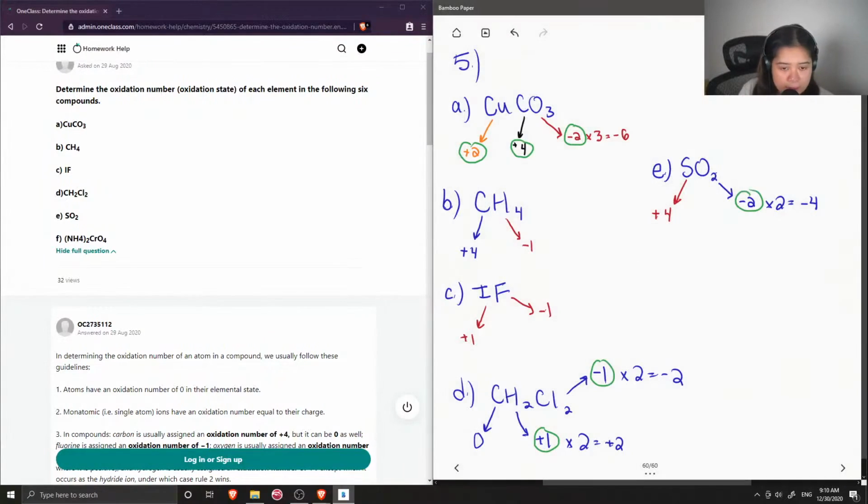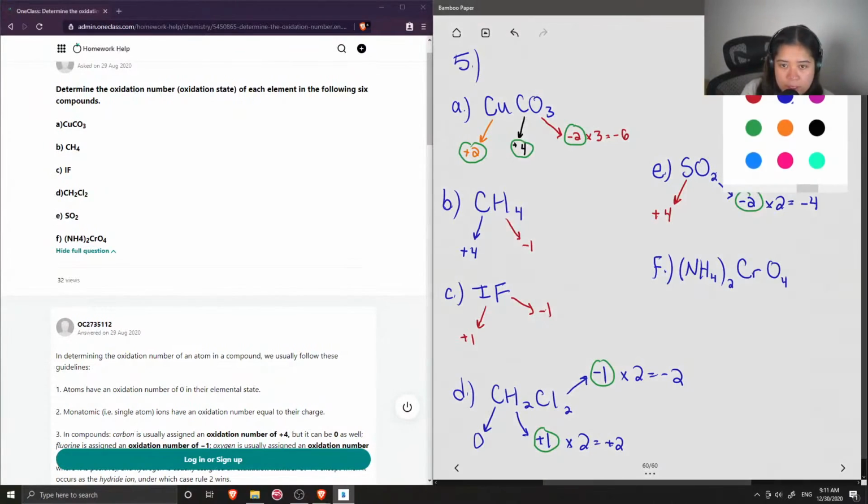And then lastly, we have NH4, ammonium chromate. Okay, so this example is a little more tricky, but it's easier if we were to separate them into their ions.